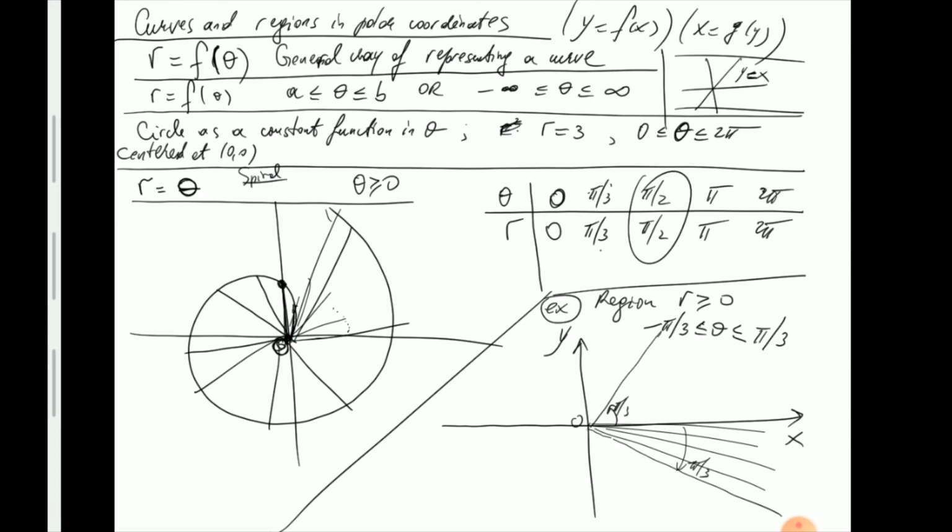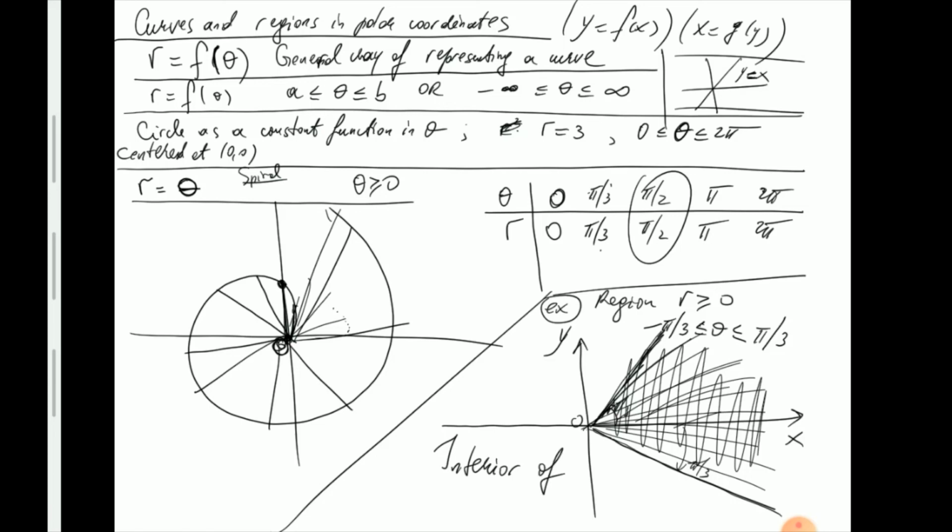And because the radius r can be any positive number, that fills in the entire region inside this angle. It's kind of messy here, but basically the region is going to be the interior of this angle, between minus pi over 3 and pi over 3.